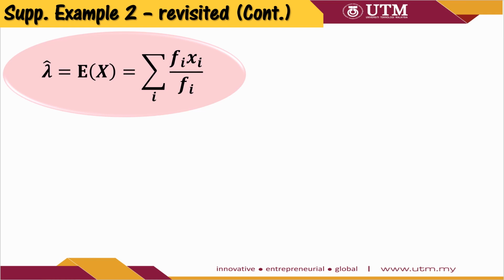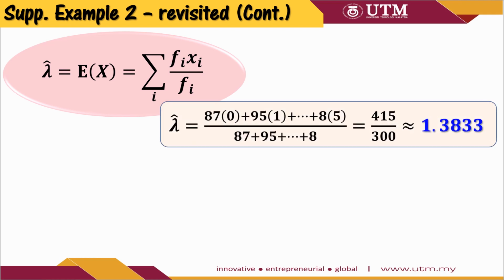Therefore, in this example, the estimated lambda is calculated as follows, and its value is given by 1.3833, which is correct to 4 decimal places. Notice that for the last value of x, which is supposed to be at least 5, we only take the marginal value, which is 5, in the calculation of estimated lambda.